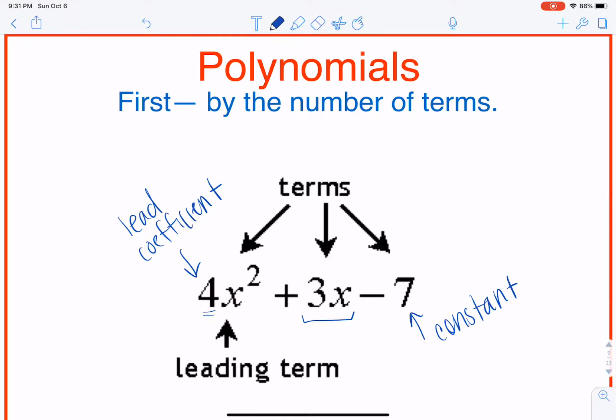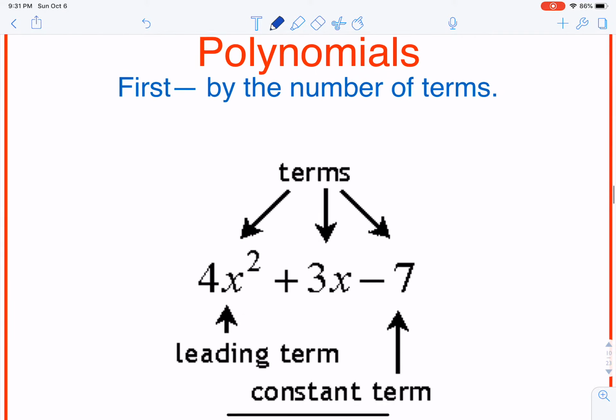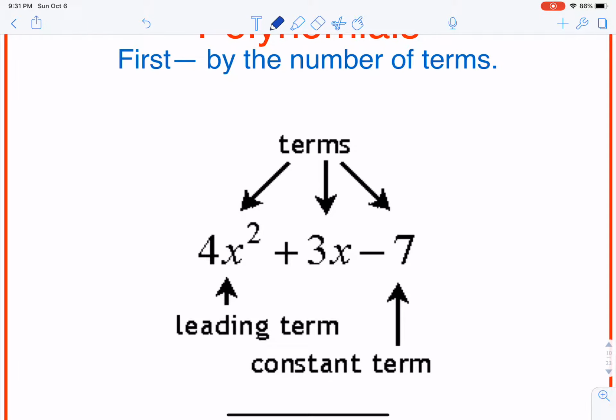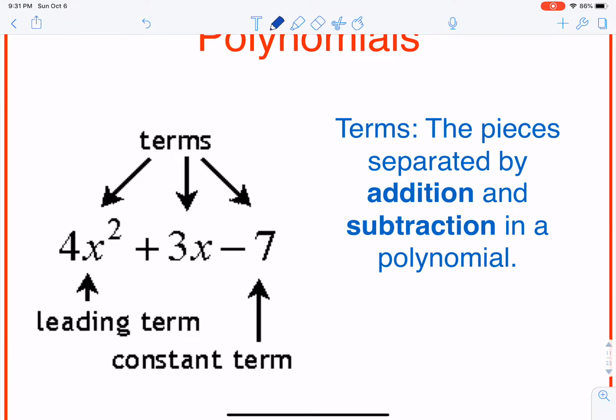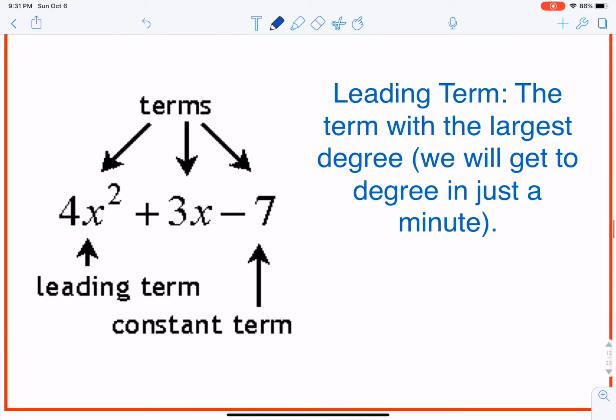And here I would call this the linear term since it's paired with the x to the first power. So again, we have the leading term, the lead coefficient, and the constant term. So the lead coefficient here is 4. And once more, terms are pieces that are separated by addition and subtraction in the polynomial.